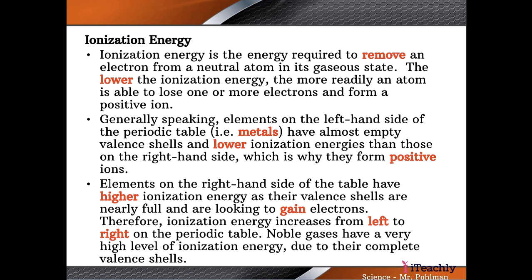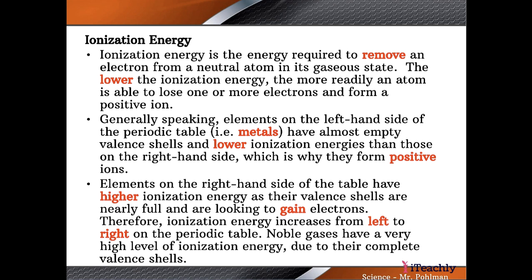Why is it going to be so hard to pull electrons away from fluorine? Because fluorine is so tiny. Fluorine, it's got 7 outer electrons that are held very close to the nucleus. It's going to be super hard to try to get rid of them. So on the right-hand side of the periodic table, you have higher ionization energies. So that's why they look to gain electrons versus wanting to lose electrons like your metals.